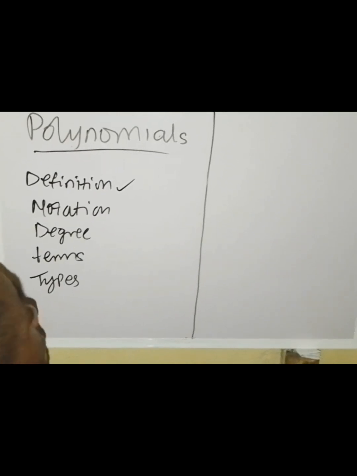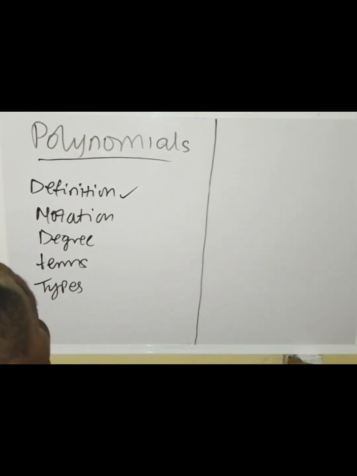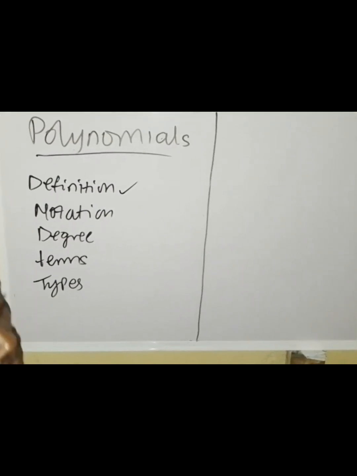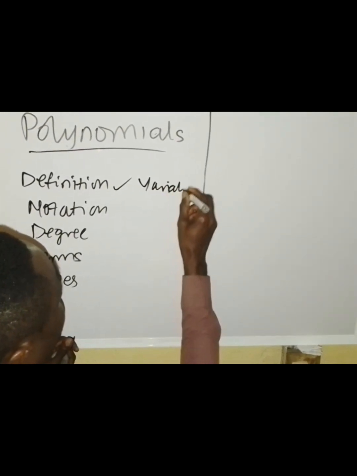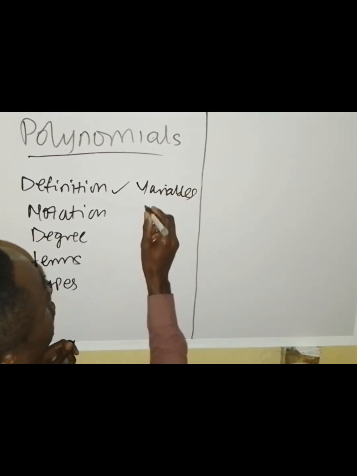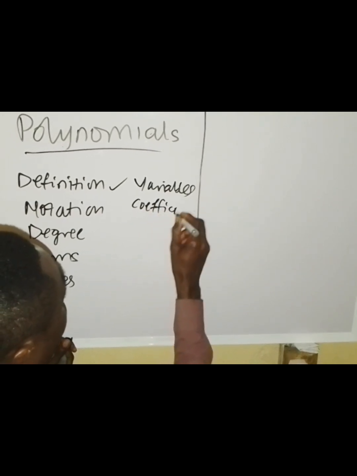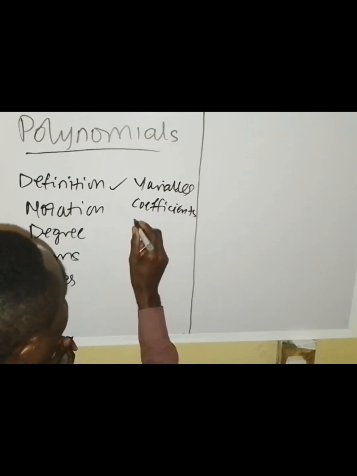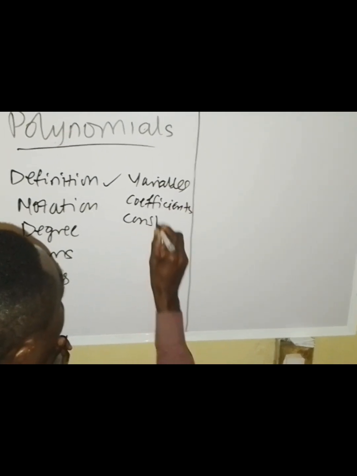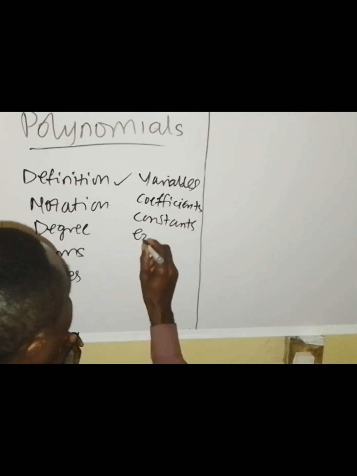polynomial can be defined as an algebraic expression which is composed of one, variables, two, coefficients, and three, constants, and then we have exponents.